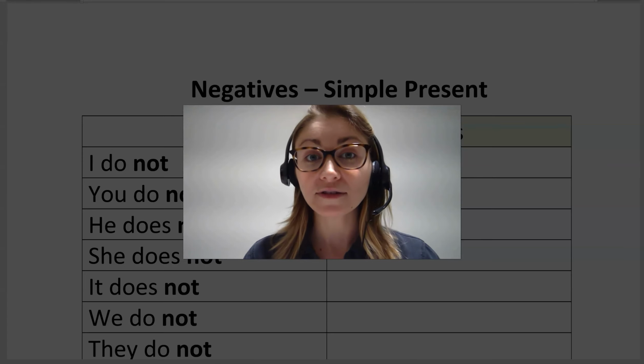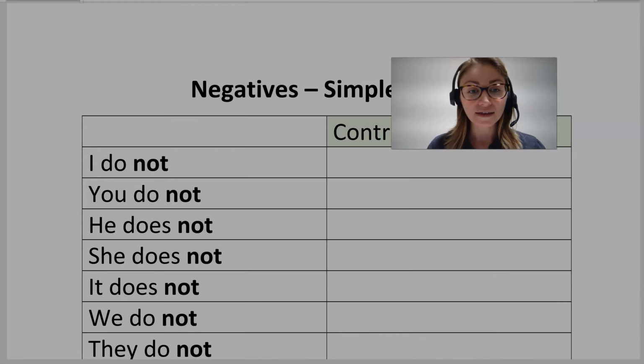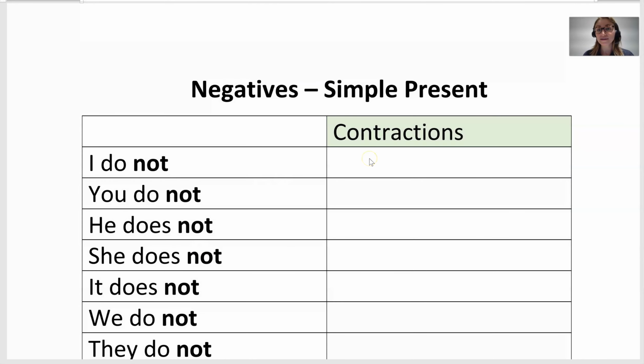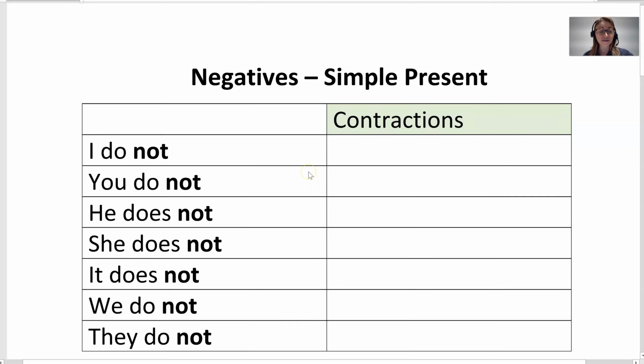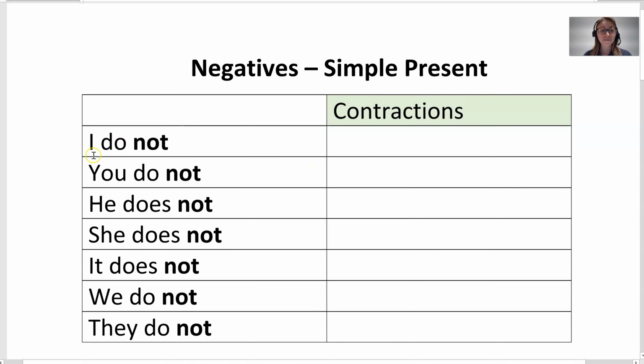So let's check out this chart here, and we're looking at simple present with negatives. Okay, so we see here all the people. I do not, you do not, he does not, she does not, it does not, we do not, they do not.